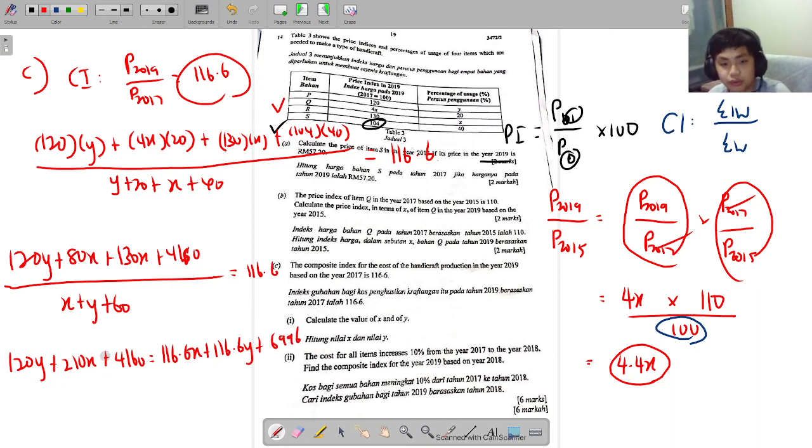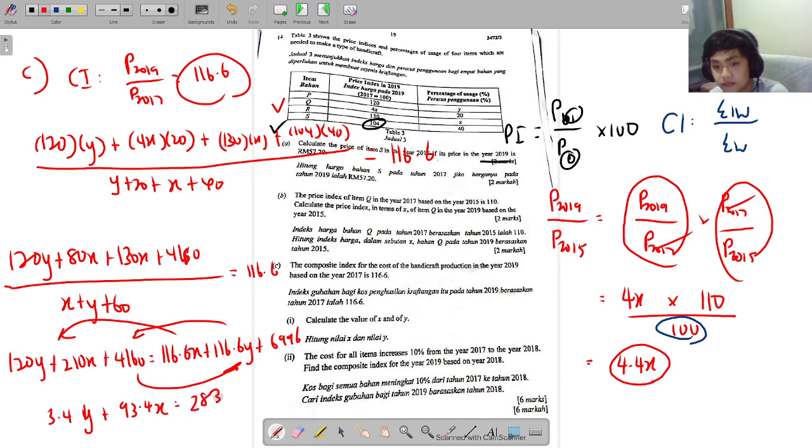I'm just going to move all the x's and y's to the left side and the numbers to the right side. So 120 minus 116.6 is 3.4y. 210 minus 116.6 is 93.4x. And 6996 minus 4160 is 2836. Right?